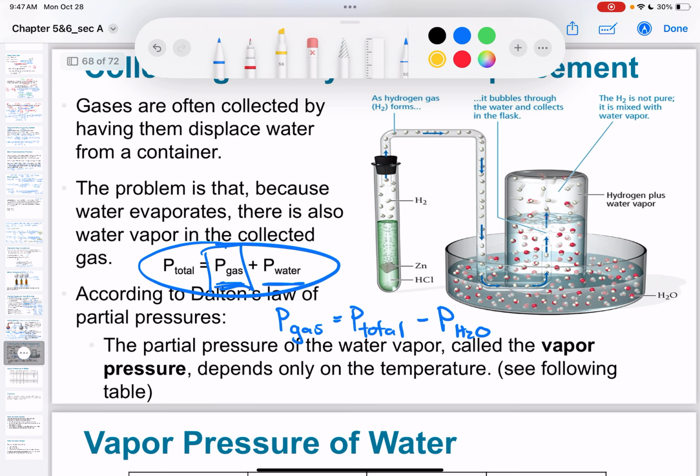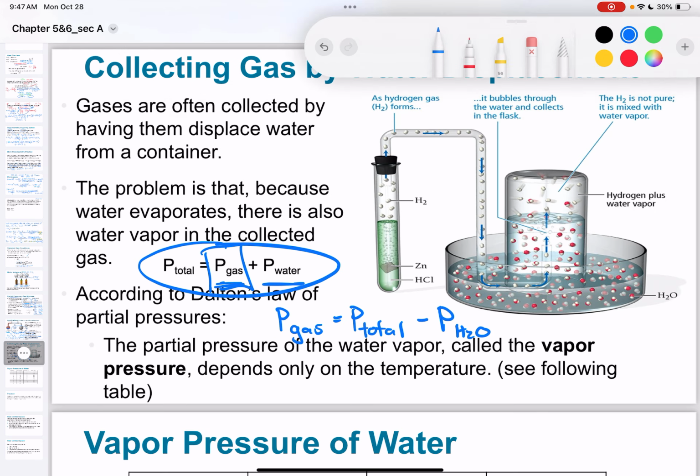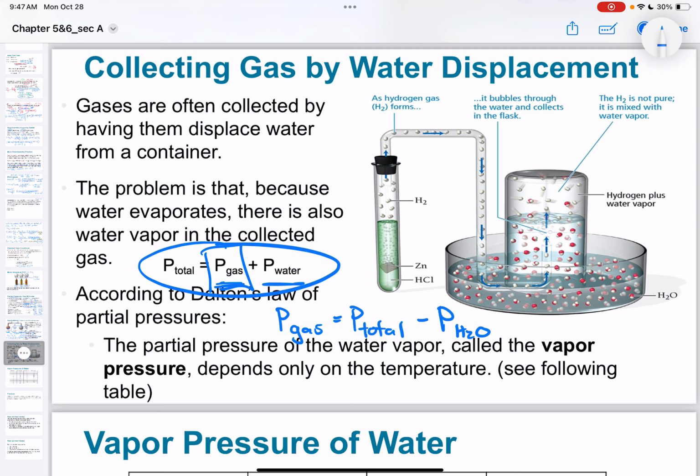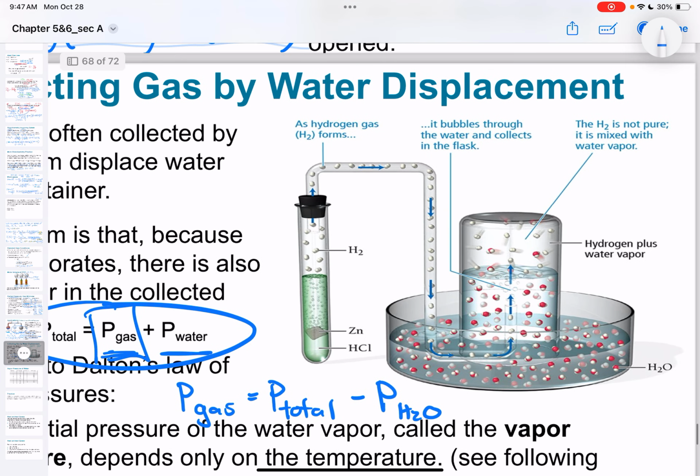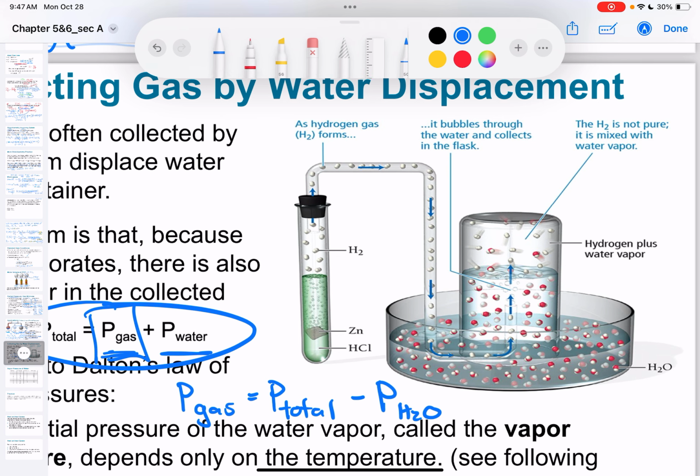Now, the other good application of Dalton's law is when we do an experiment, we often collect gases over water. And this is because it's just an easy way to trap those gases. And then we go ahead and measure the pressure that's produced. So we're measuring the pressure in this area.